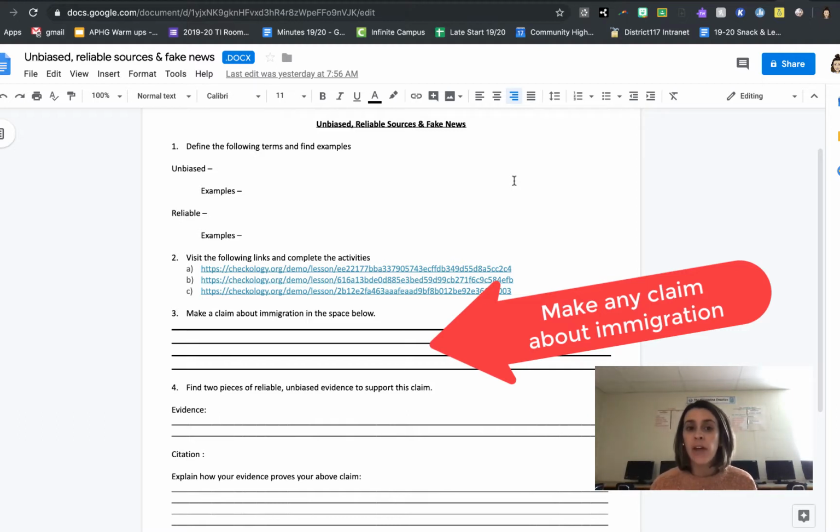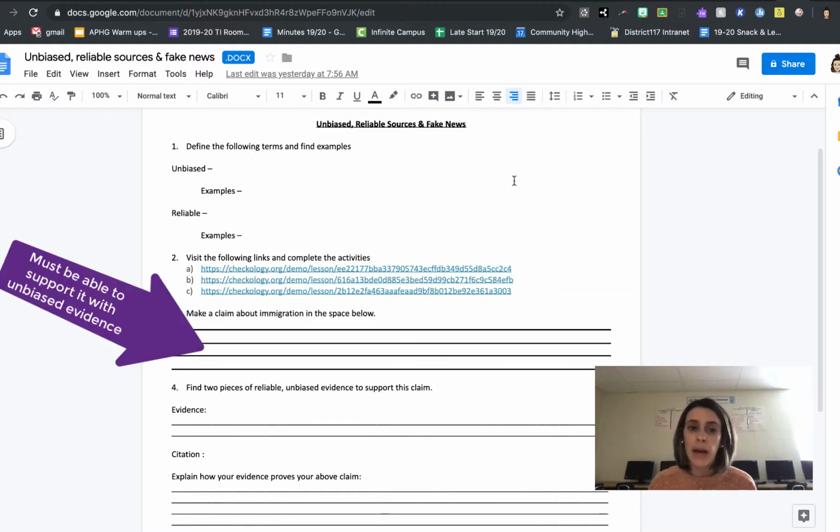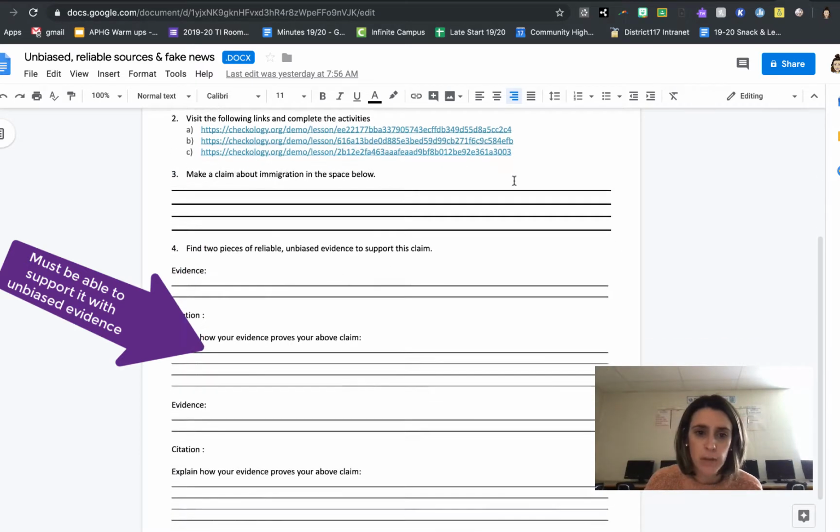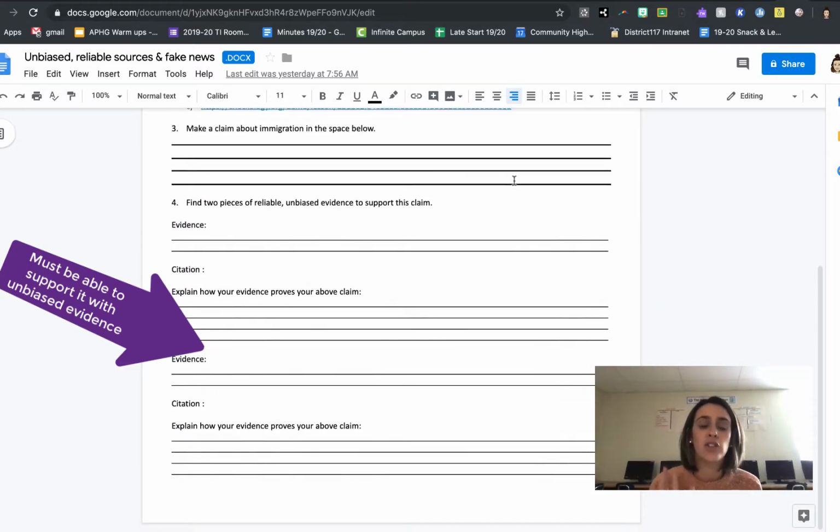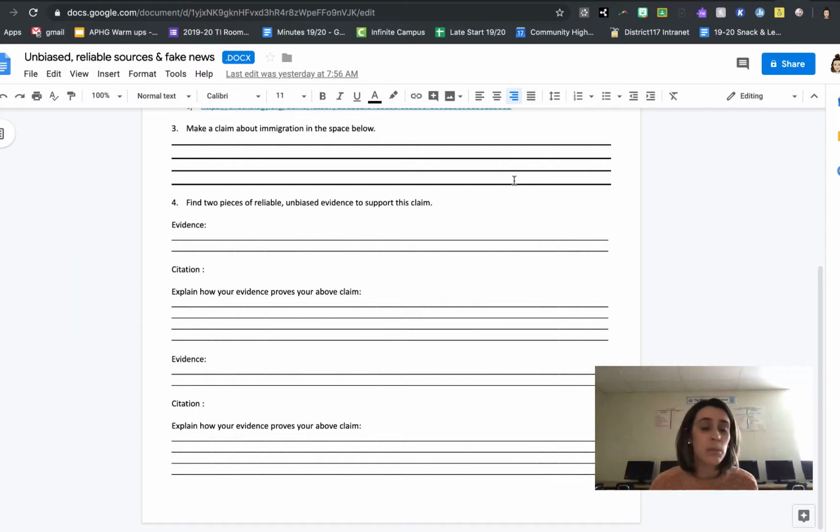But you need to understand that a claim is a statement that can be proven with evidence. So you can make a claim, any claim that you wish about immigration, and then I want you to find two pieces of reliable and unbiased evidence to support this claim. Keep in mind that no human being, while they might be reliable, they cannot be unbiased. Every human being has bias.